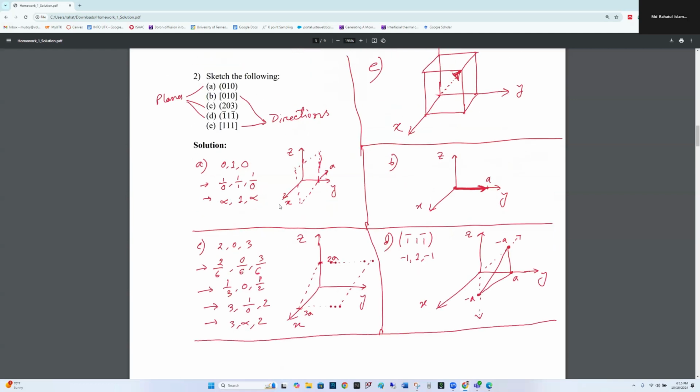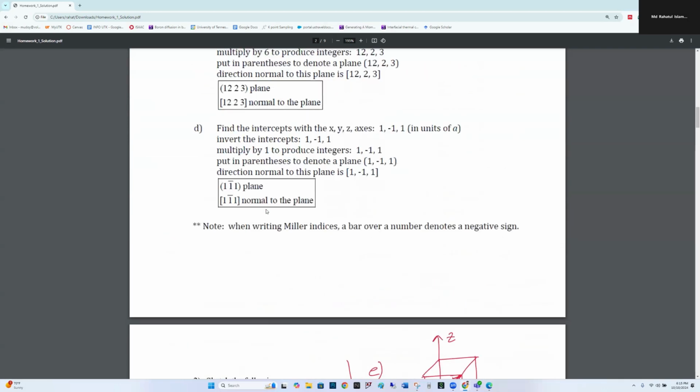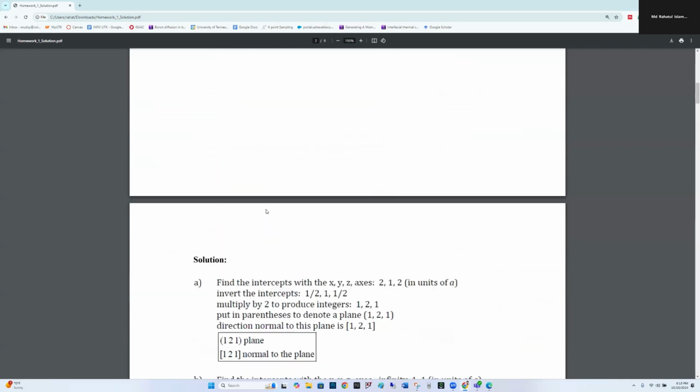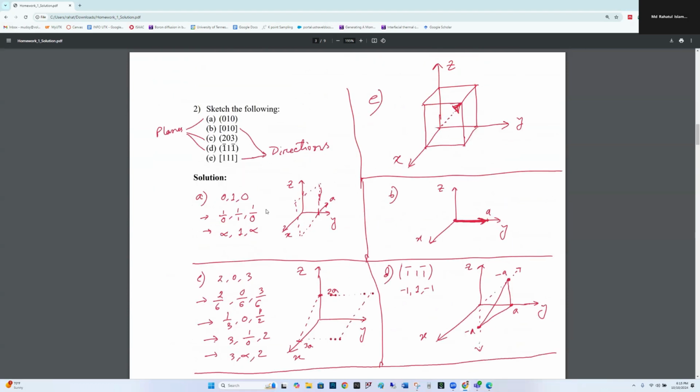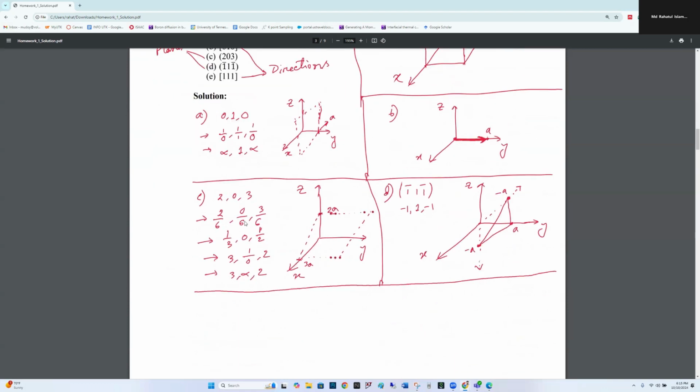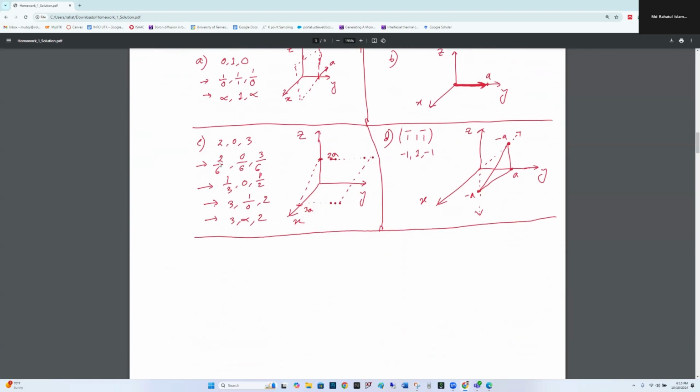As you can see, this is actually the reverse process of problem 1. That's why we are doing the reverse calculations here to get the planes. Okay, so 1 by 3, 0, 1 by 2, and then you have to invert it.